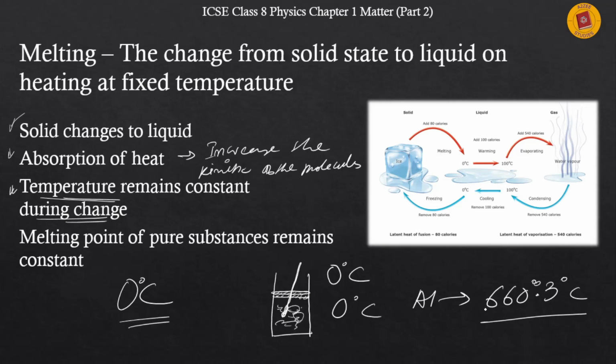But this melting point is always constant for pure aluminium. For NaCl, the common salt that we use at our home, if it is pure, the melting point is 801 degree centigrade. If you can heat the salt to 801 degree centigrade, you will see that it melts.